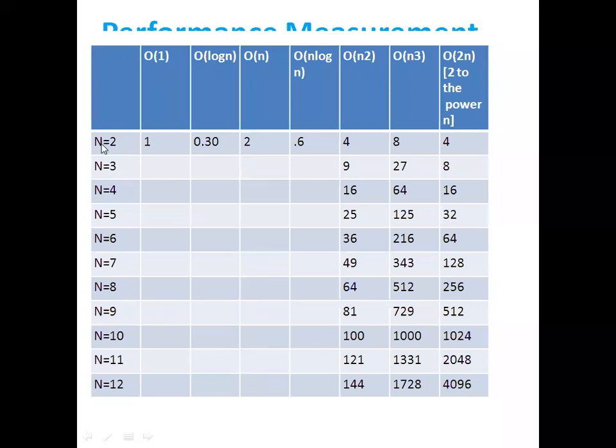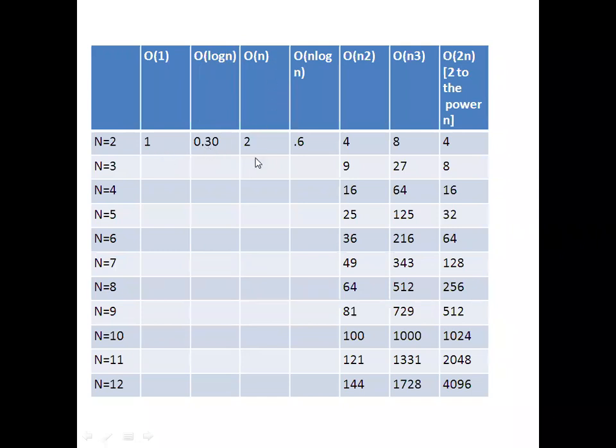Suppose n is equal to 2, 3, 4, 5, 6 up to 12. We have taken these values and found out the values. Order of 1, it is 1. Order of log n, for 2 we have found these values, 0.3.